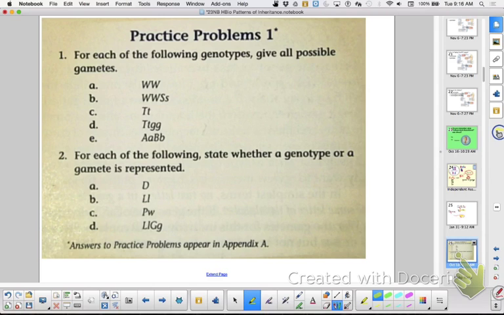So let's just do the first one here. It says, for each of the following genotypes, give all possible what? Gametes. So here's a genotype. Do this one right here on your paper. If that is the genotype, in fact, just do the first two here. Do A and B on your paper right now so you can see if you can do it, and we'll check your answer.